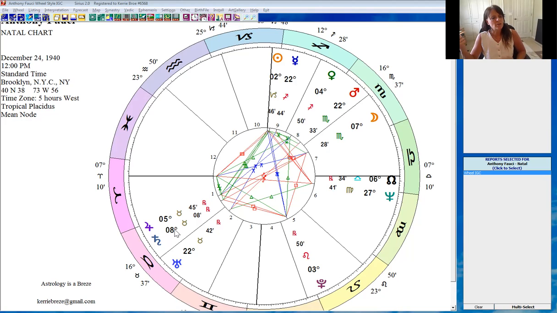I'm trying to think of some adjectives for those words. And again, I don't know the house, so I'm just trying to limit it, with both of those being conjunct but retrograde. And then look, Uranus is retrograde there as well. So we've also got sudden, upside down values.